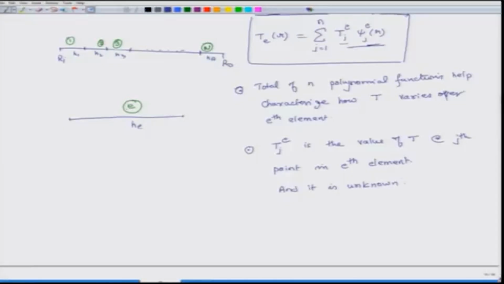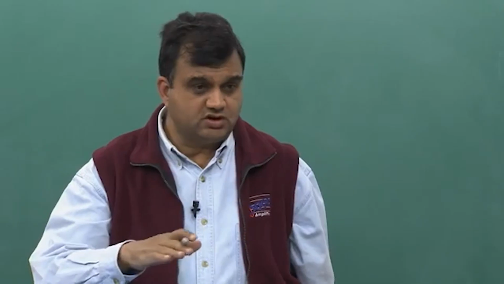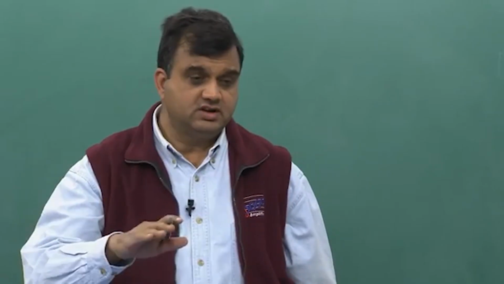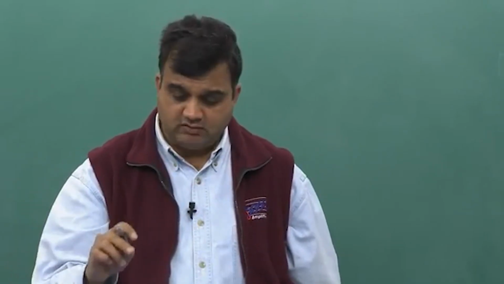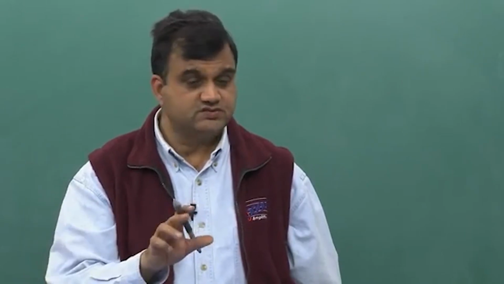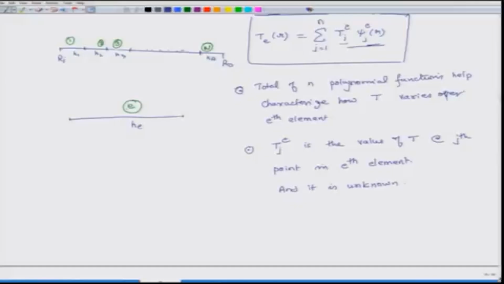We do not know it. We know psi because we are assuming if it is constant then it is 1, if it is linear then it is ax plus b, right. So, we know how psi are varying, but the values of those constants we do not know. Okay. So, Tj is the value of T at the jth point in the eth element.